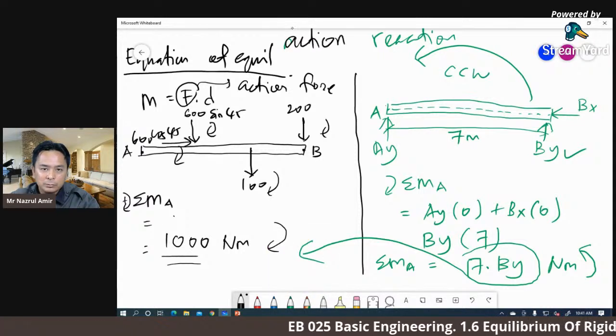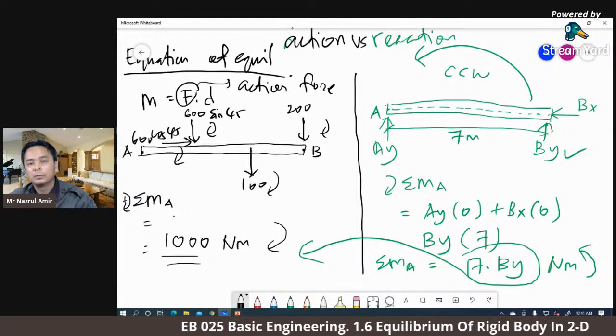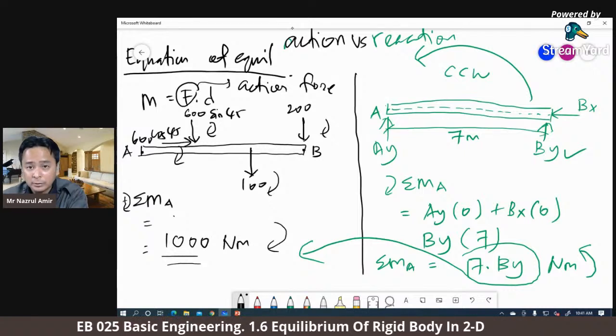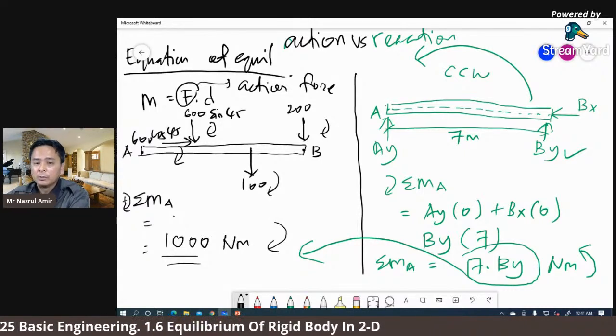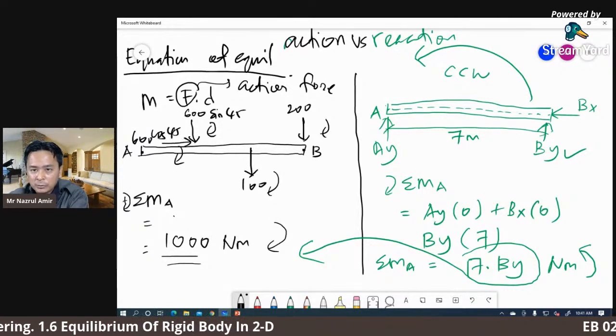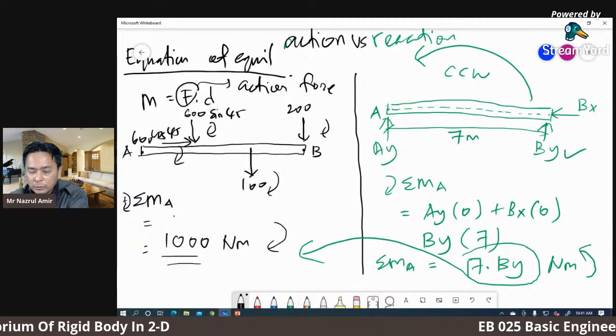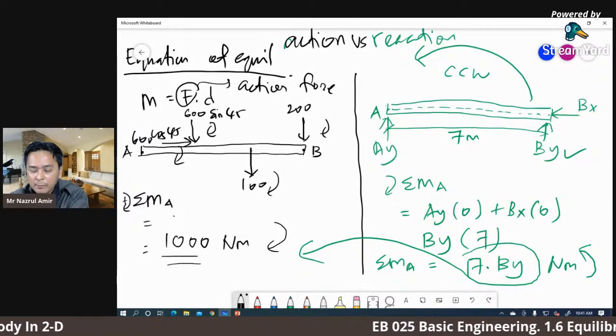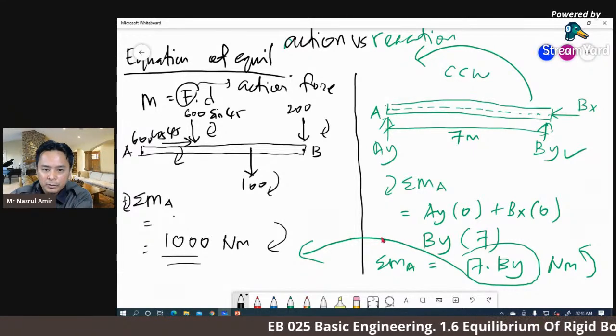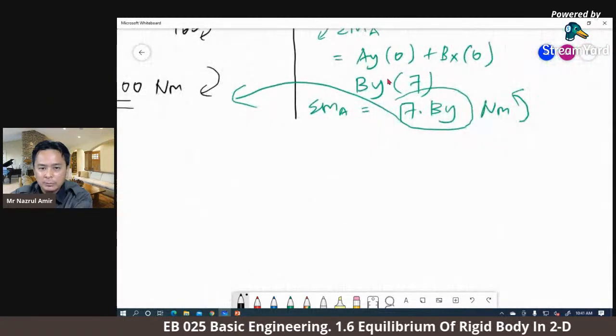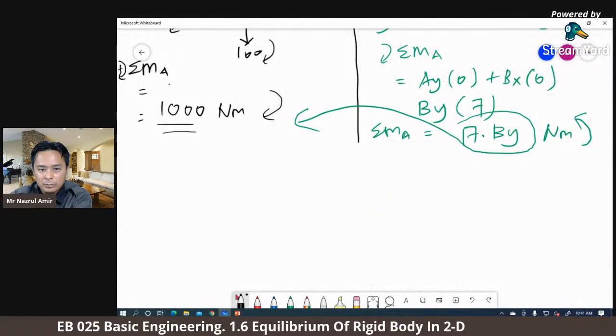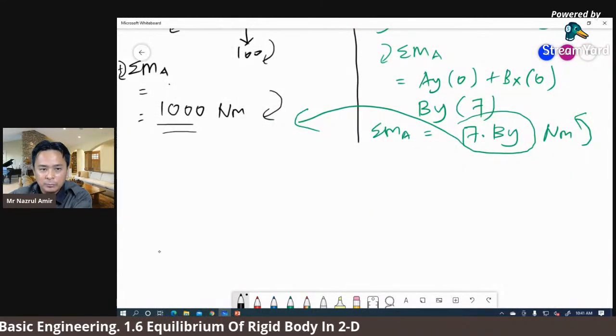So now we are in the scenario of action versus reaction, because what we are doing in this topic is applying Newton's third law of motion. So in a proper way, we can write down the relation between both.